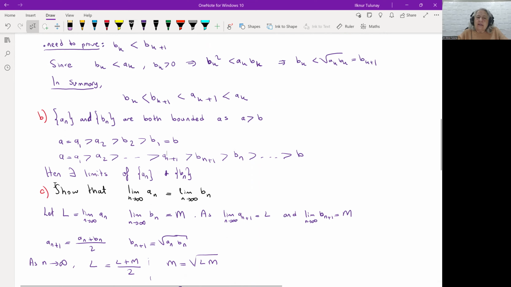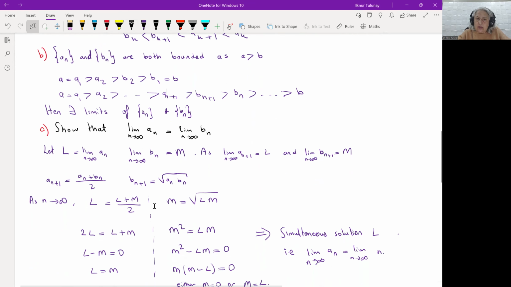Okay, now the next step is to show that the limits are equal. This is a tricky way to do it, but it works. It is because this is indexed by n. We have a series indexed by n.